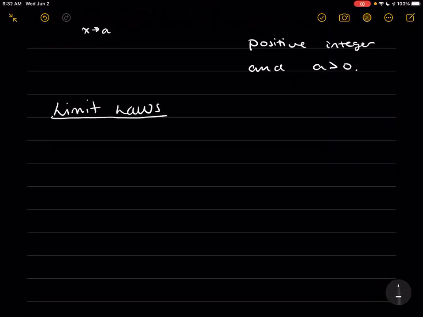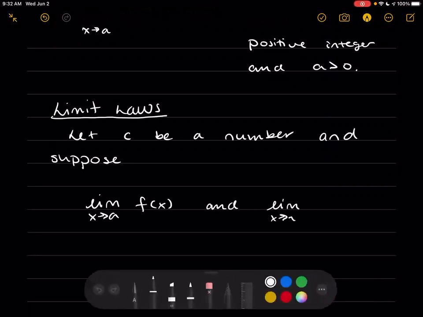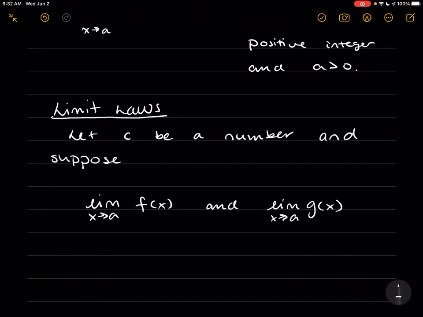So let c be a number, and suppose the limit as x goes to a of f of x, and the limit as x goes to a of g of x both exist, because limits don't always exist.